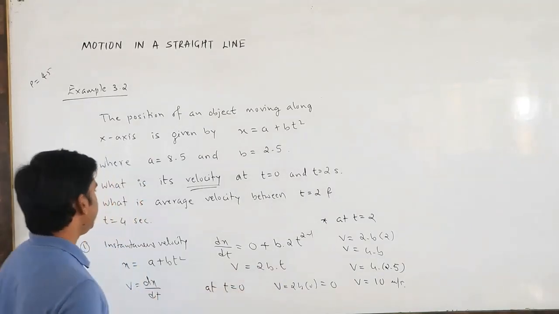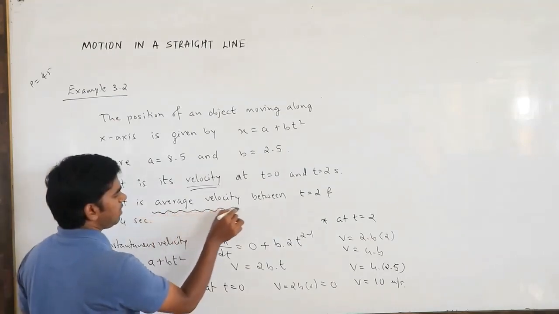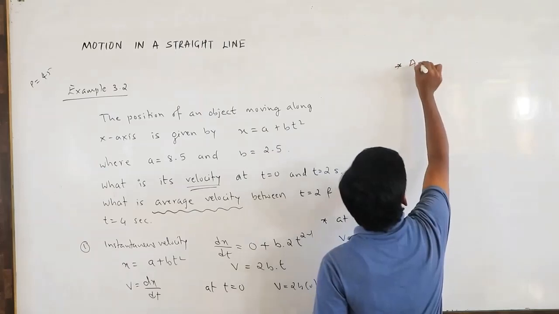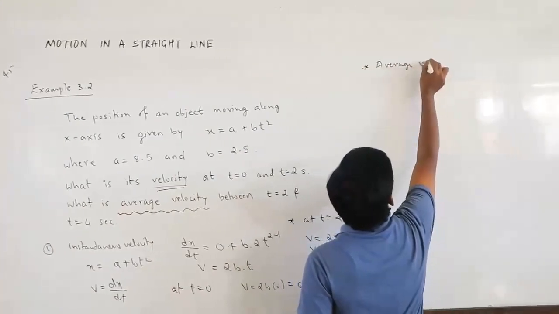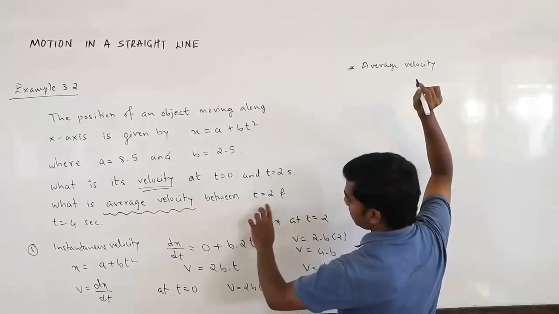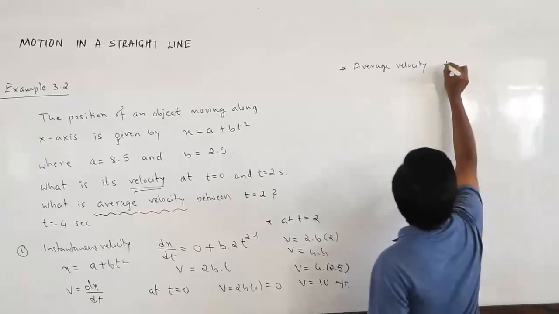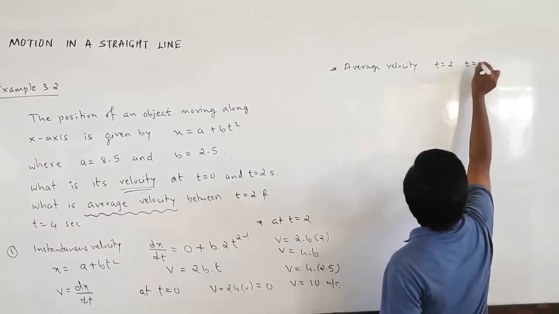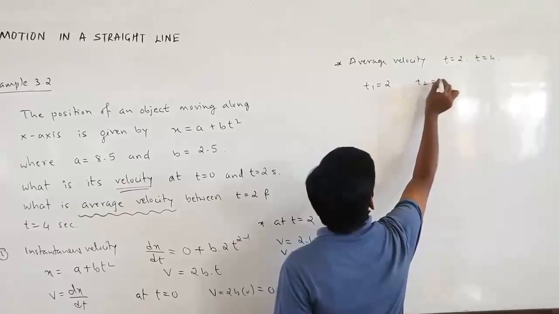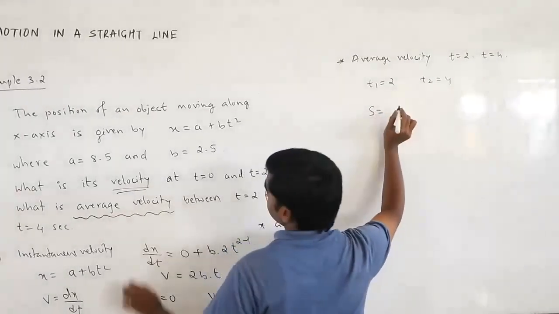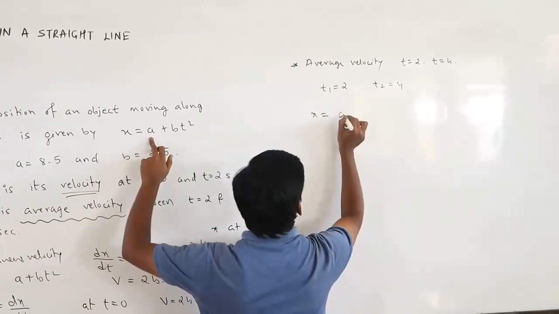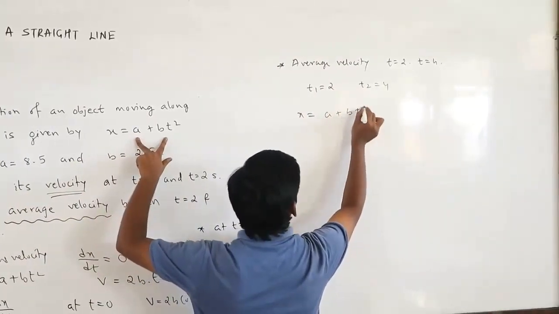Similarly, next is average velocity. To find average velocity, it is between t equals 2 and t equals 4. That means t1 is 2, t2 is 4. They have not given s, they are calling it x. x is a plus bt square.